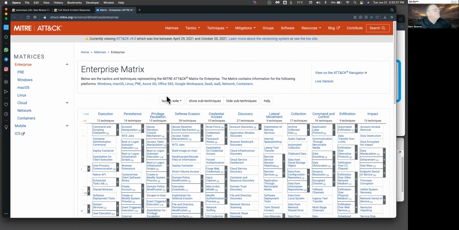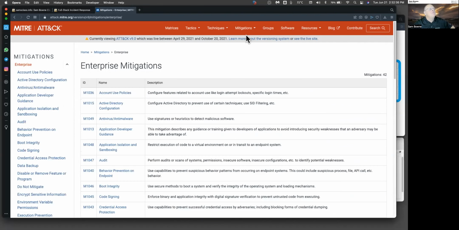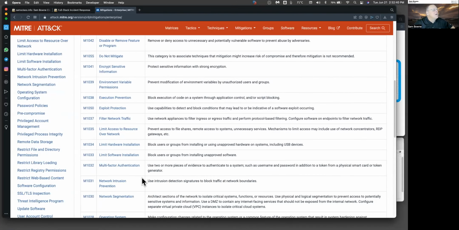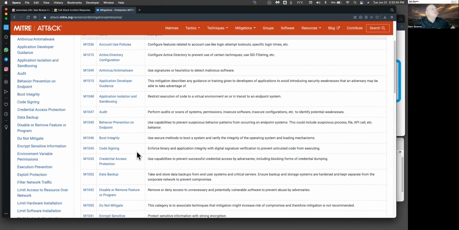So here, this is the enterprise attack matrix. You've got techniques and tactics, and you also have mitigations for the enterprise here. You've got mitigations to block each of these things, like multi-factor authentication and limiting software installation.